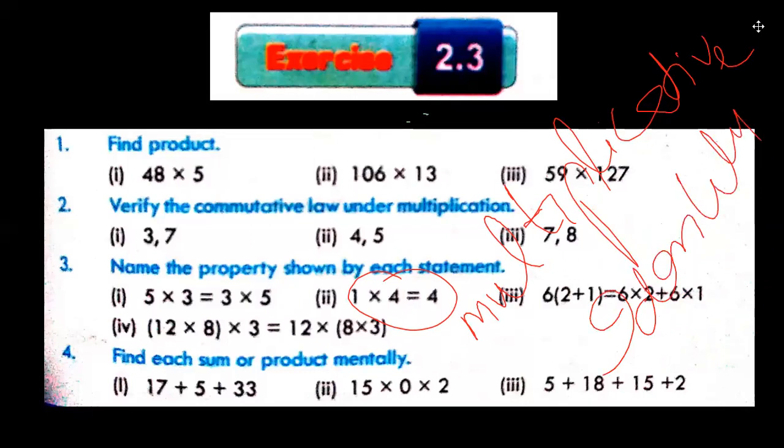That's the answer of the second part. 1 is multiplied, so it means multiplicative identity. So just multiplicative identity is your answer.